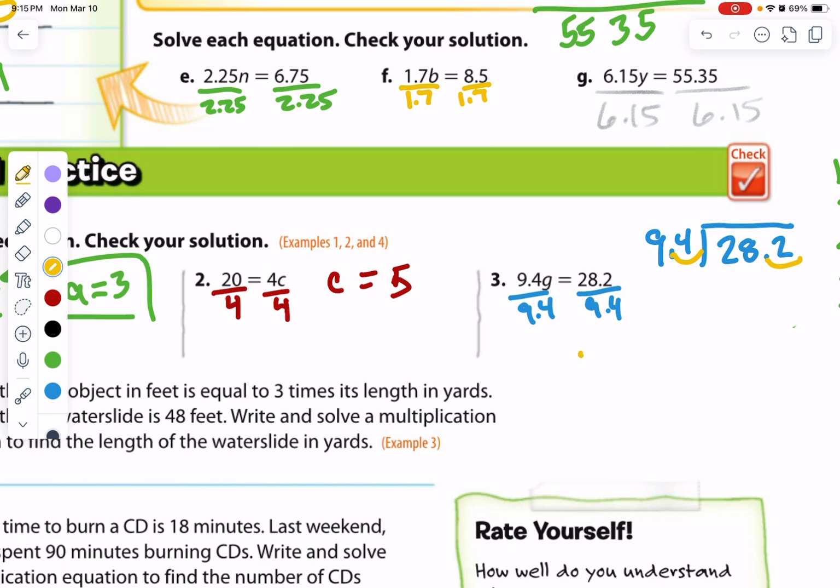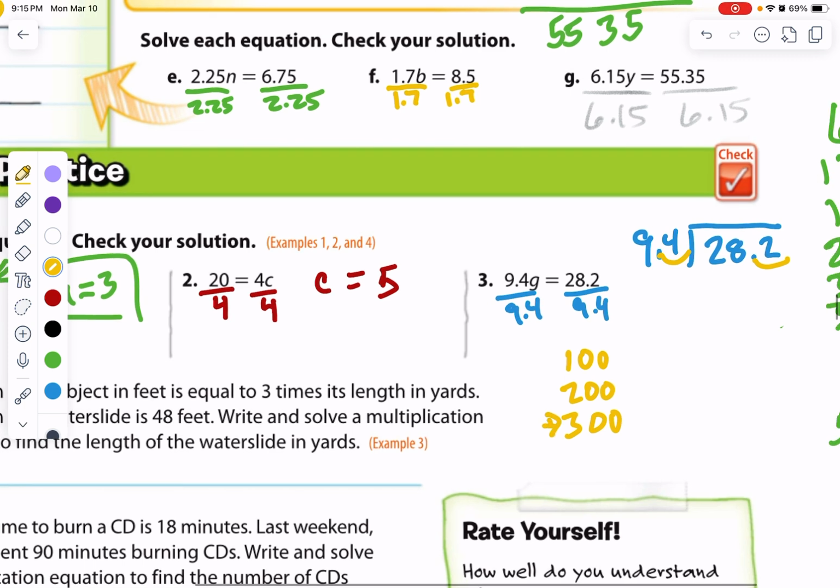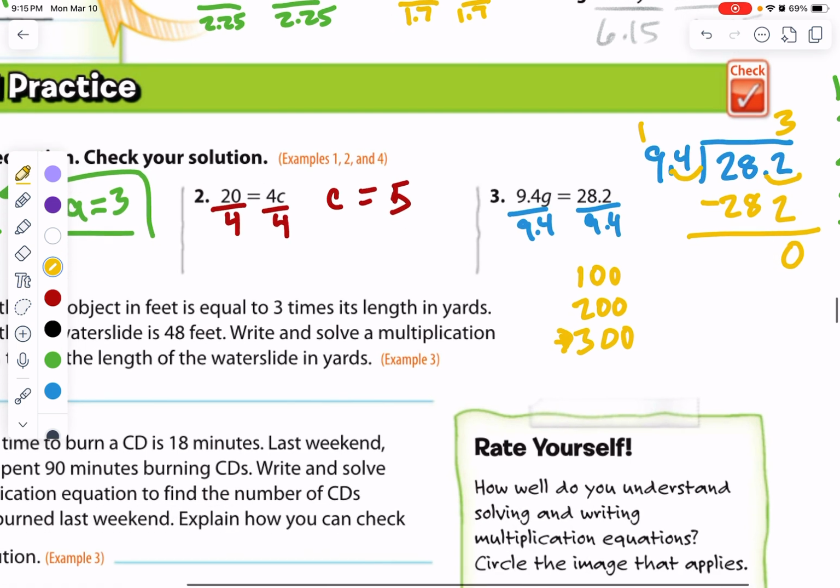If we skip count by 100, 200, 300, but it's really 94 and not 100. So let's try that out. If it's 3, 3 times 4 is 12. That looks promising. 3 times 9 is 27 plus 1 is 28. Look at that. Who's afraid of the big bad wolf?